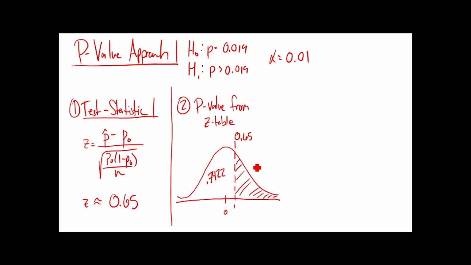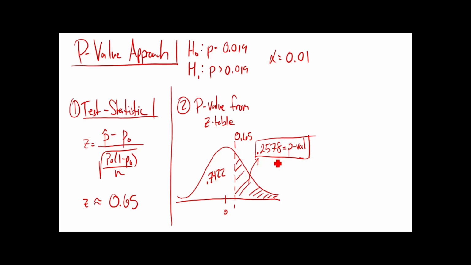And so that means above would have to be 0.2578. And this is our p-value. So our p-value in this case is 25%, almost 26%.